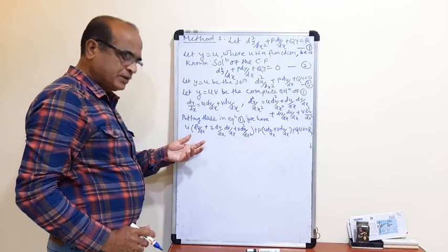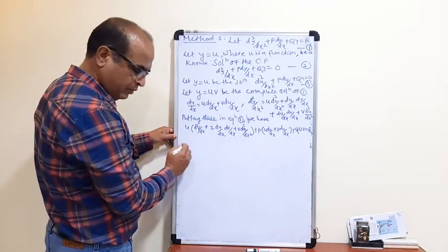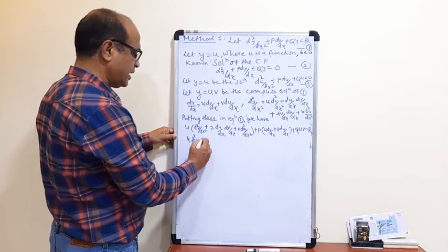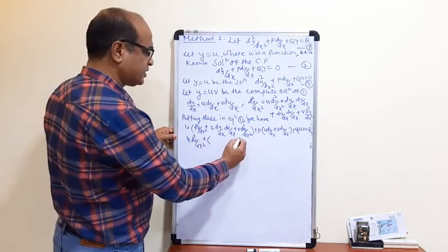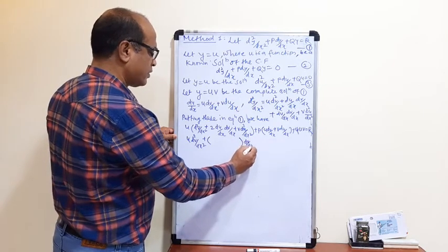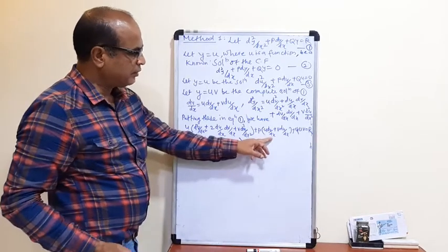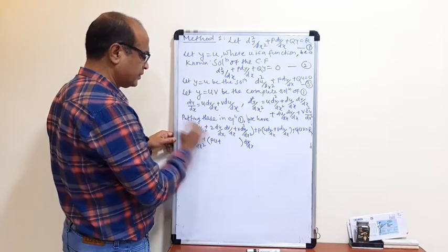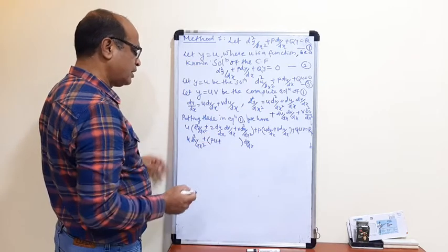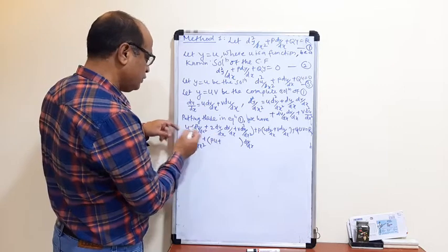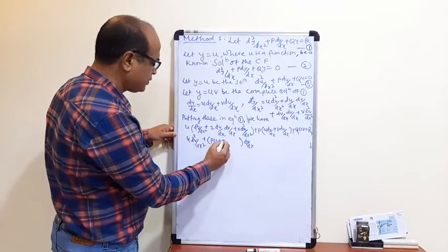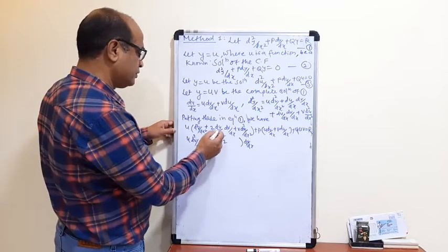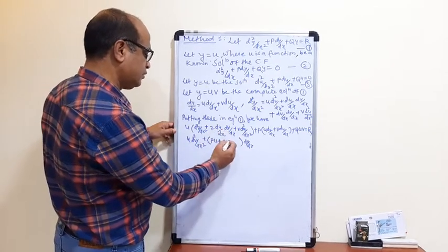So after simplification, we write this equation in this form. We have u d2v by dx square plus, coefficient of dv by dx is p into u, pu, plus the coefficient of du by dx, which is 2, so 2 du by dx into dv by dx.